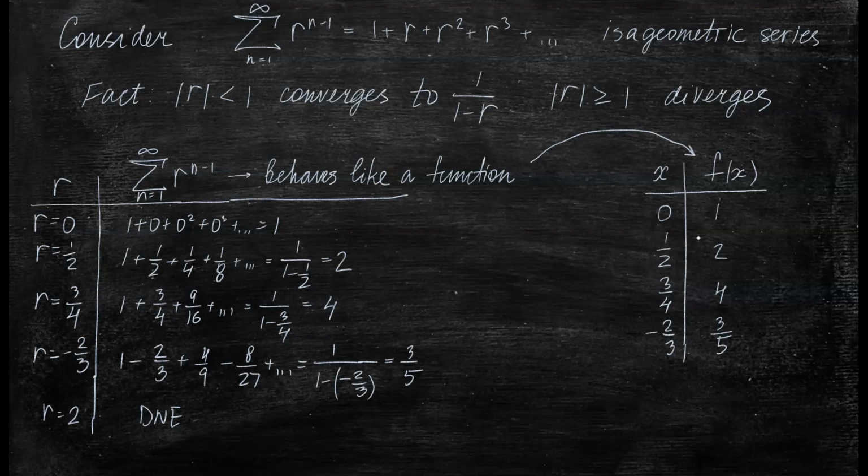So it seems like here r plays the role of a variable, so we might as well just write that series with what we usually use as a variable instead of r. So for different values of x, this will produce different outputs, and therefore this behaves like some function.